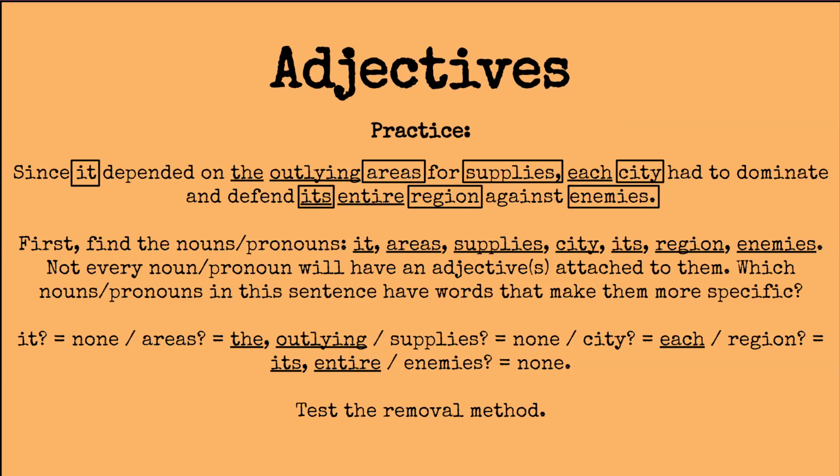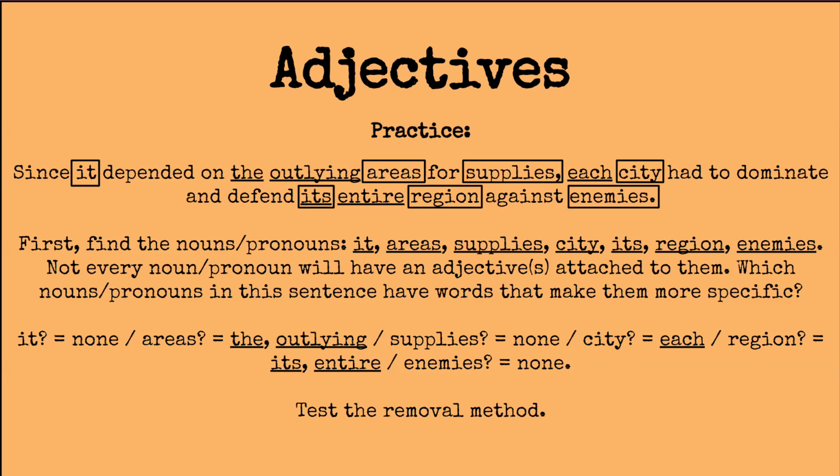So the and outlying would both be considered adjectives here. If I removed the word outlying and I just had the areas, the would still be an adjective. So both of those should have been written down as answers. Supplies doesn't have any further extra information to add more definition to it. It's just supplies.